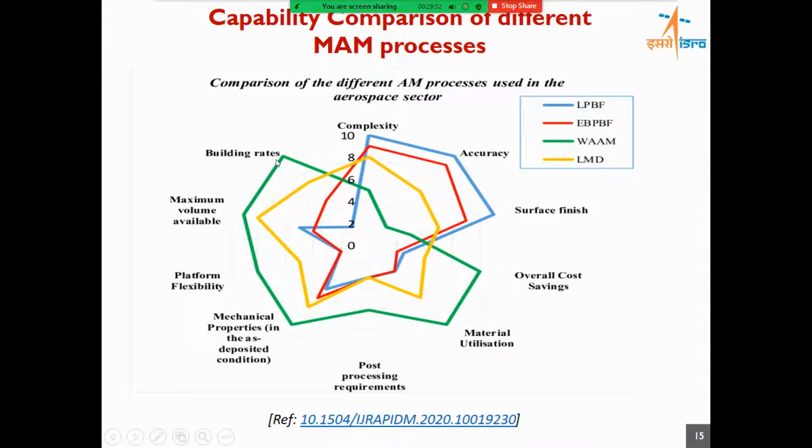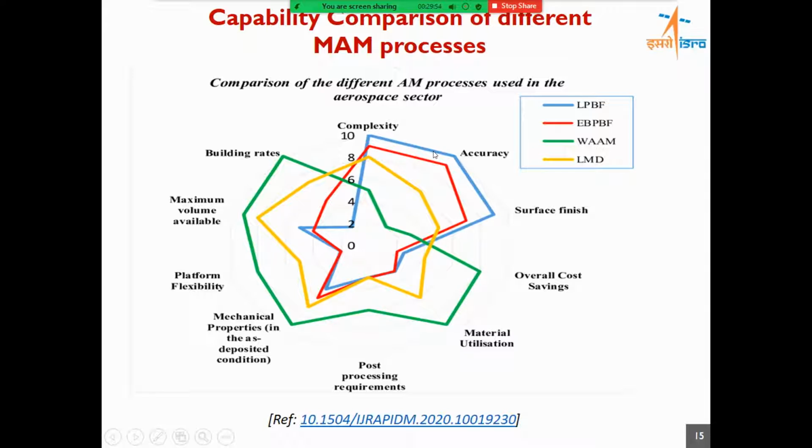So here you can see that wire arc additive is strong in build rates and also overall cost saving, material utilization and mechanical properties. But it falls short in terms of complexity, accuracy and surface finish requirements. So when you are looking for these three things, laser powder bed fusion is superior to the other processes.